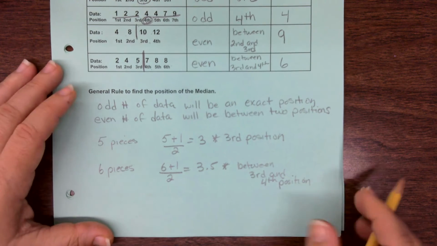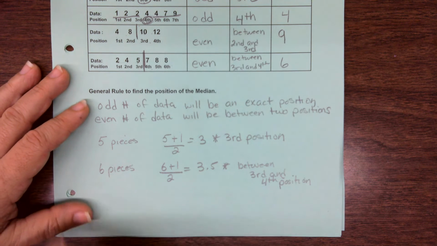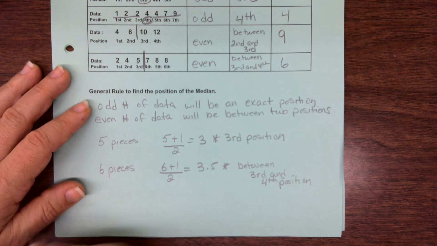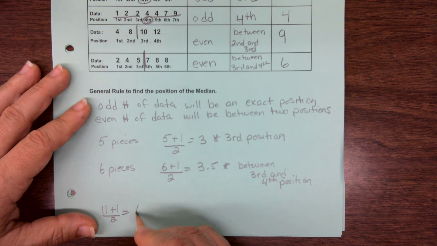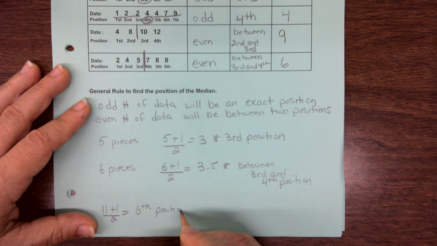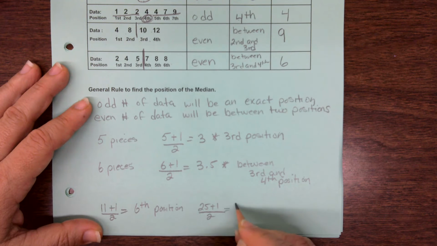Okay, so let's say we had 11 pieces of data. So we're going to find what position our median would be in. If I have 11 pieces of data, 11 plus 1 divided by 2 would give me the 6th position. If I had 25 pieces of data, 25 plus 1 divided by 2 would give me the 13th position.